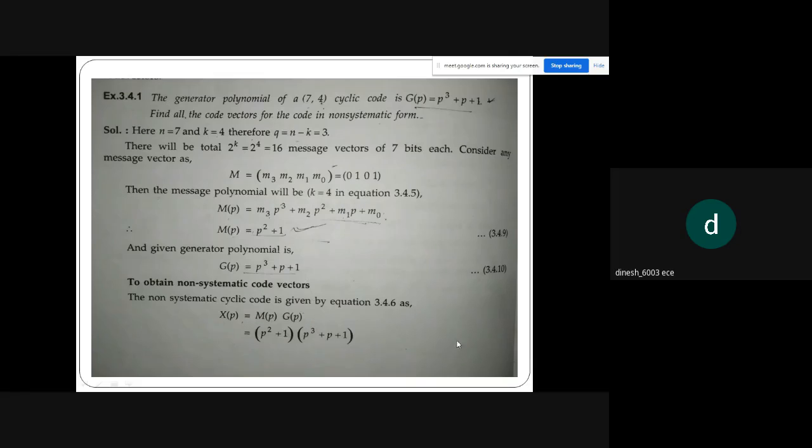So let us see this with an example. So we take a 7 comma 4 cyclic code. In the question it is given that we need to find all the code vectors in non-systematic form.